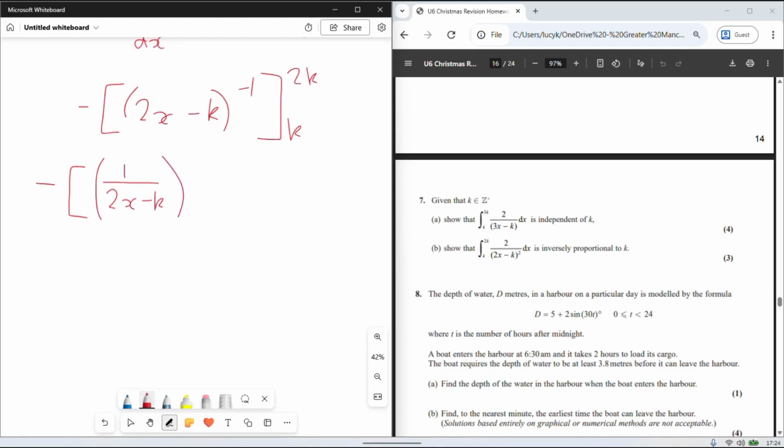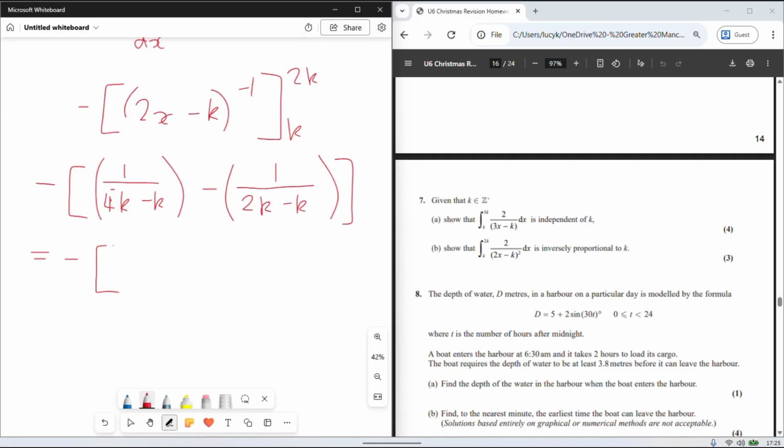And then I need to put in my limits, I've not put them in yet, have I? So when I put my limits in, I'm going to end up with 2x multiplied by, substituting in our 2k there, that'll give us 4k in total. So that's 4k. And then we're going to take away when I put the second limit in, so that will just become 2k minus k. Let's tidy that up a little bit.